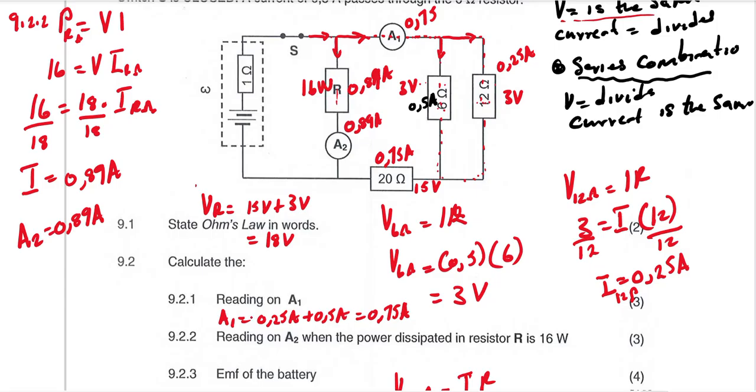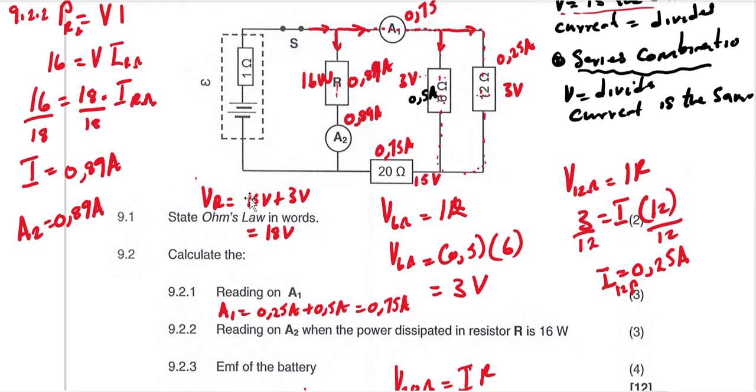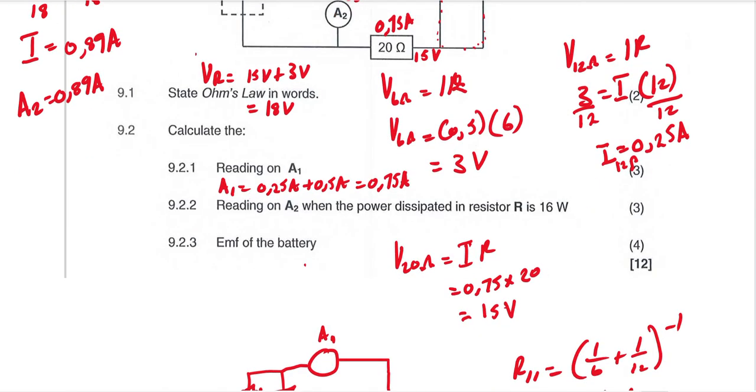So now they say calculate the EMF of the battery. Do you get me? There are two formulas to calculate the EMF. We know that we have this formula: EMF is equal to I times R external plus R internal.